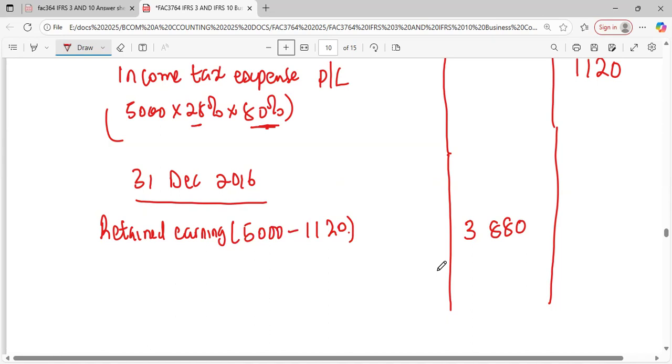Then what is going to be another balancing figure? It's going to be our deferred tax for the year, which is still this. Then it balances with our PPE.